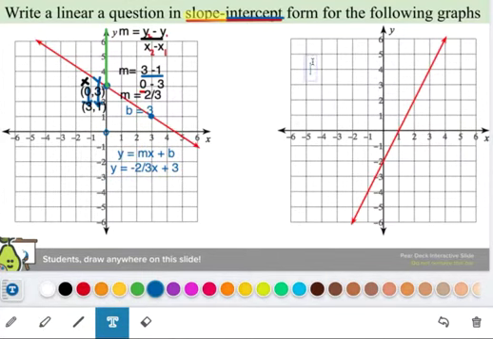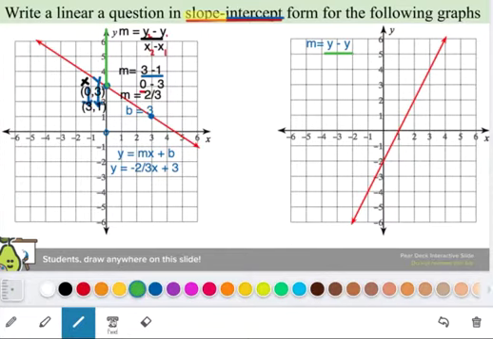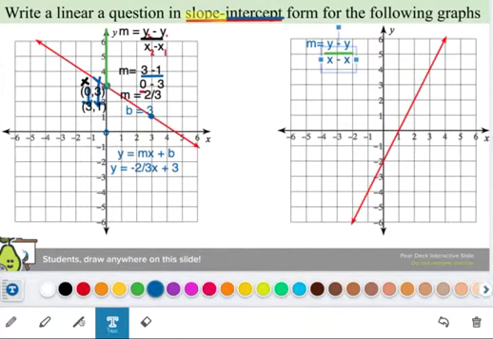Okay, next problem here to find slope. We know that slope is equal to y sub 2 minus y sub 1 over x sub 2 minus x sub 1. Okay, and then we pick 2 points. I like to stay with the positives.